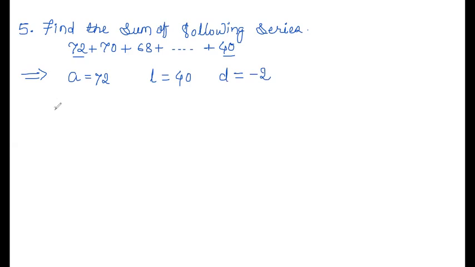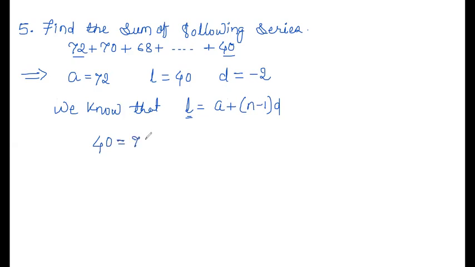And we know that last term, म्हणजे जी सिरीज असती ती सिरीज कशी कॅल्क्युलेट केली जाते. L is equal to A plus n minus 1 into D. लास्ट टर्म म्हणजे nth टर्म आहे. इथे लास्ट टर्म, nth टर्म आहे ती L. So here 40 is equal to A, that is 72 plus n minus 1 into -2.